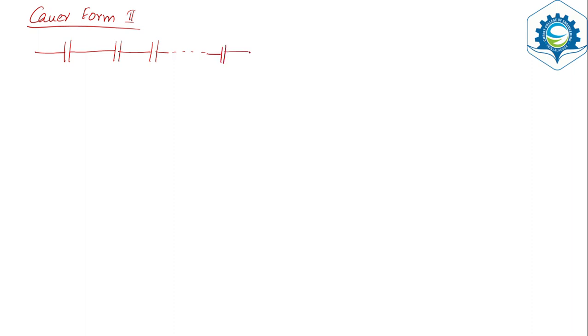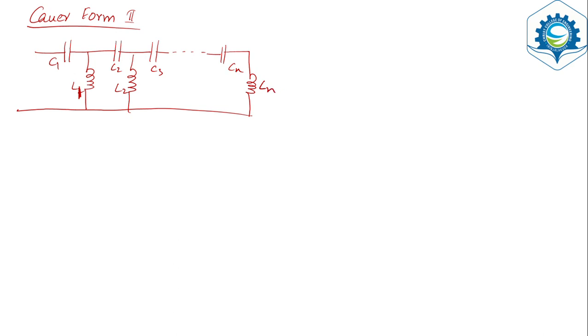In Cauer form 1, you had the inductors in series and capacitors in parallel, whereas in Cauer form 2, you have the inductors in parallel and the capacitors in series. So this is L1, C1, C2, L2, C3, then Cn, and then Ln. Now, again, we can solve this using a problem.